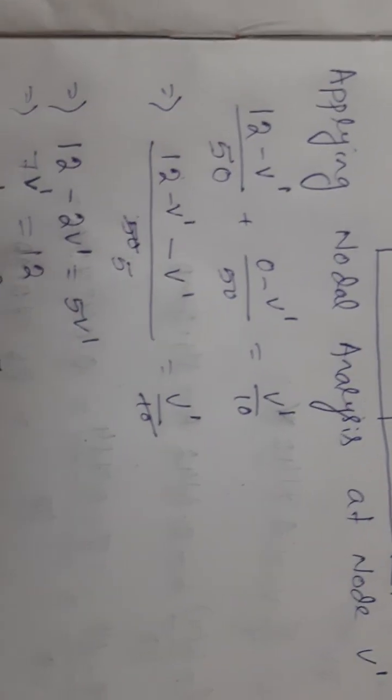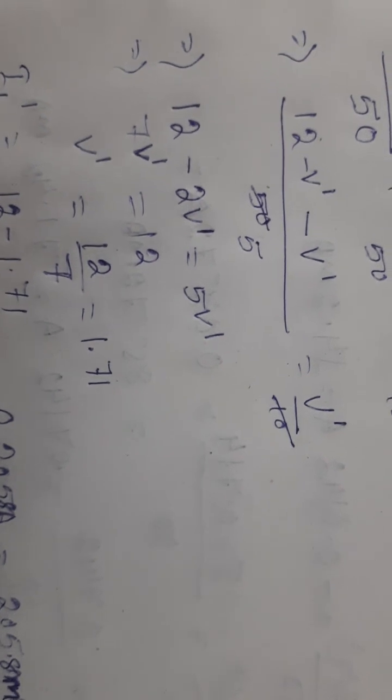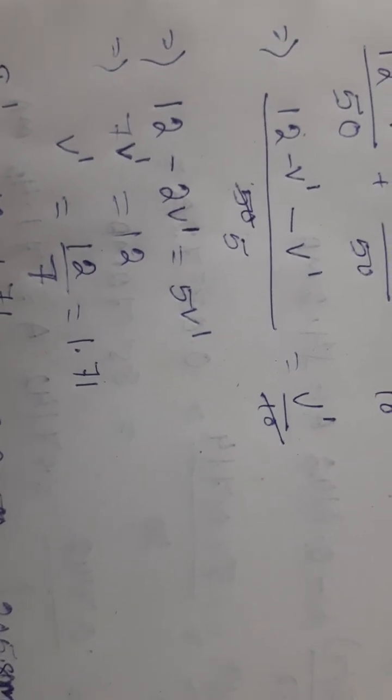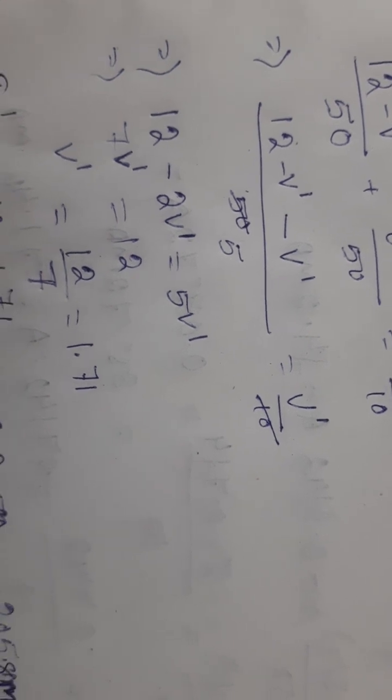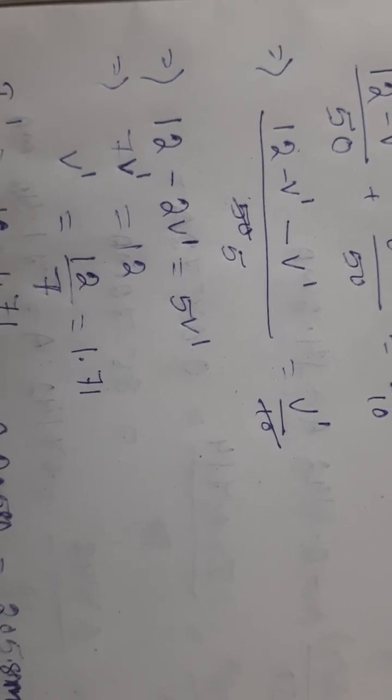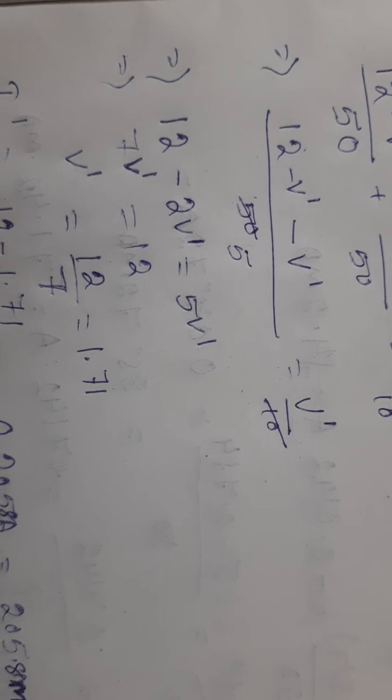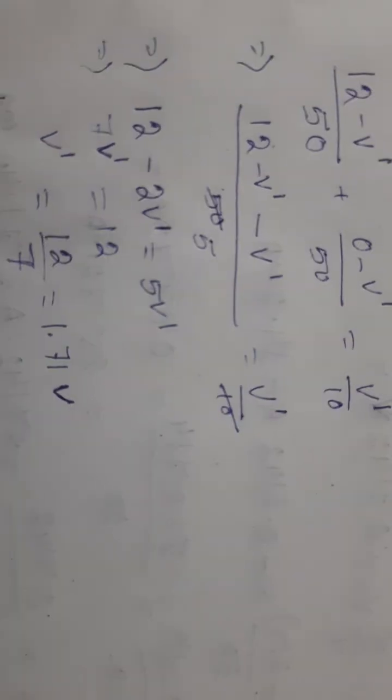From here we get (12 minus V dash) by 50 is equal to V dash by 10, so V dash is 12 by 7, that is 1.71 volt.